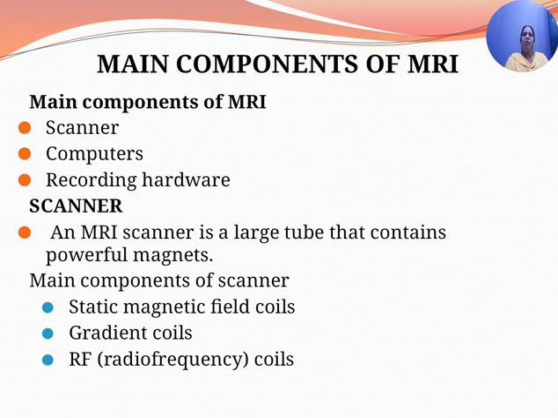The main components of the scanner are static magnetic field coils, then we have gradient coils, and then radio frequency coils. RF coils they are called. So the scanner is a large tube which contains powerful magnets.